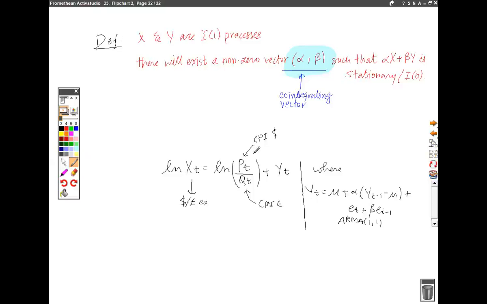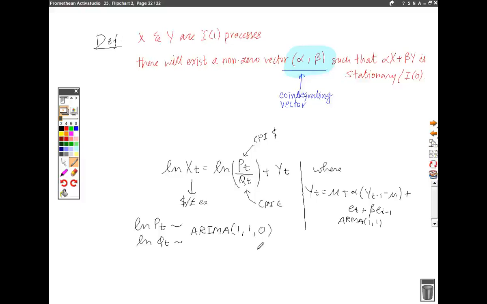What you can do is define a model for pt and a model for qt. But because you're looking at logged values, you will define a model for log of pt and for log of qt. And both of them will follow ARIMA(1,0).